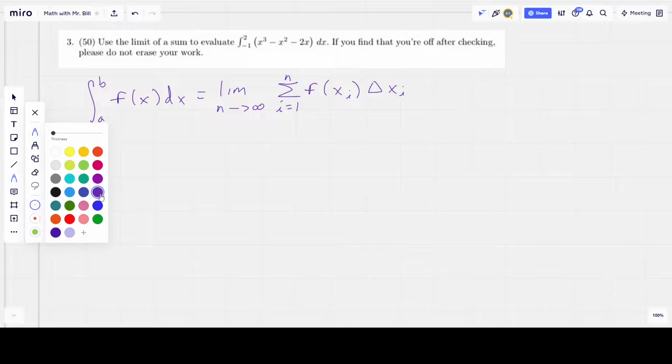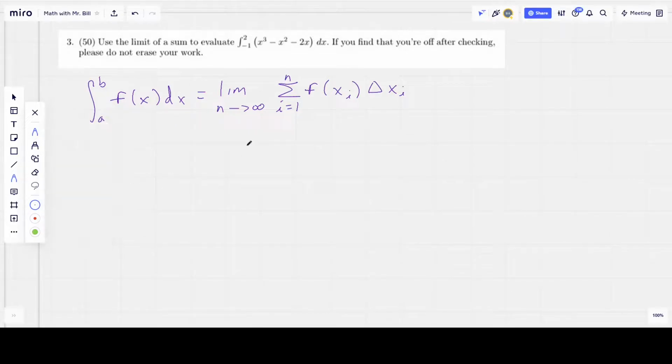Below, I've already written down the definition of the integral in terms of the limit of a sum. It's the limit as n goes off to infinity of the summation from i equals 1 to n of the function evaluated at some x value times the width of the interval for that particular x value.